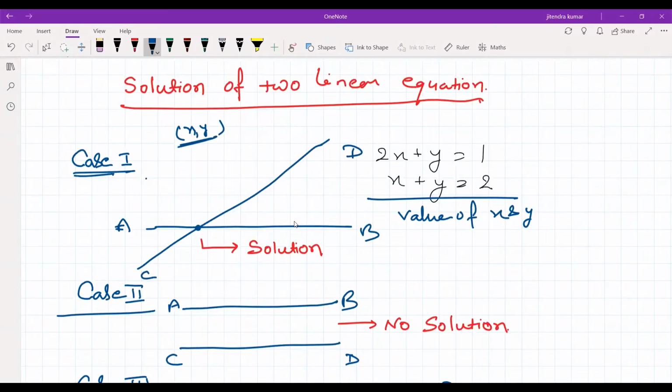We have to find the value, or it can be values, depending on the lines, like in the third case we have many values. So we have to find the value or values of x and y satisfying both the equations.